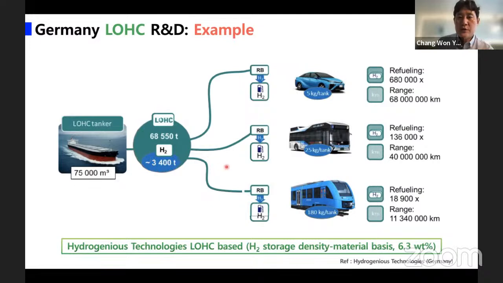That amount means you can refill 680,000 hydrogen fuel cell electric vehicles, or nearly 136,000 hydrogen buses, things like that. So which is readily available and promising.